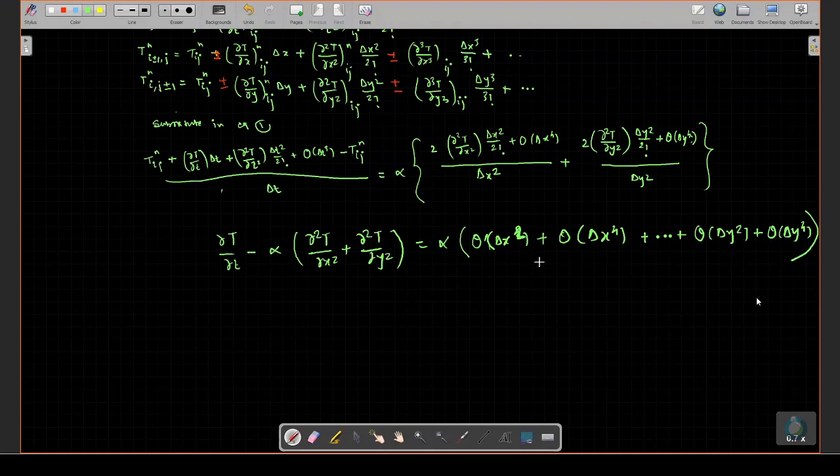Okay, so only you will get this type of terms, and also some terms are missing here. So plus this time term will also come. So there may be many dots plus order of delta t square plus order of delta t⁴ and like that.